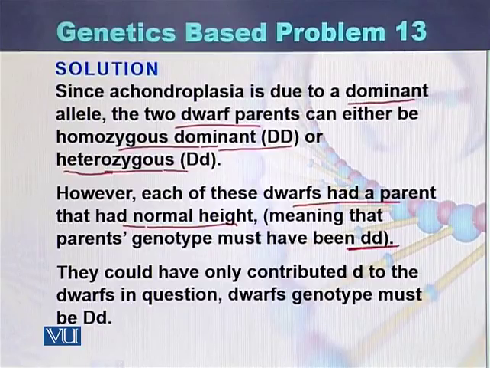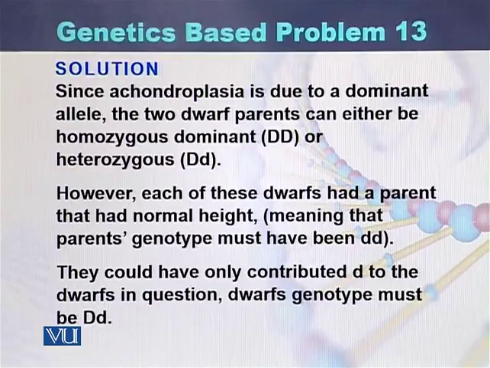That parent can be the father or the mother. So we can conclude that the dwarf father and mother are heterozygous, not homozygous, because each received a recessive allele from the normal parent. Both parents are heterozygous.